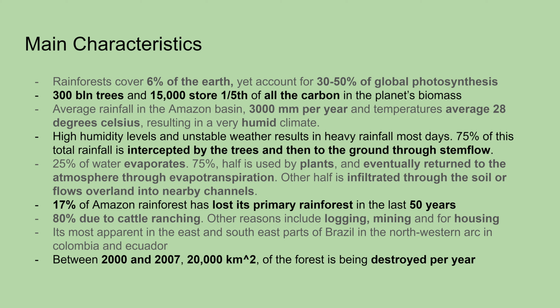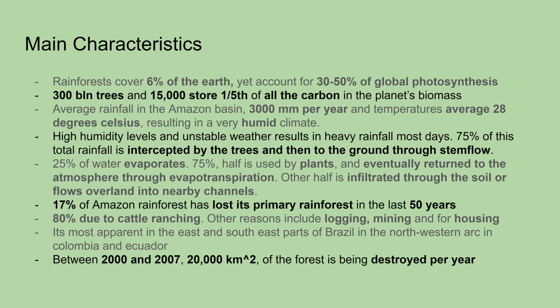So the main characteristics of the Amazon rainforest is that it covers 6% of the Earth. It accounts for 30 to 50% of the global photosynthesis. There are 300 billion trees. 1,500 of them store a fifth of all carbon in the planet's biomass.